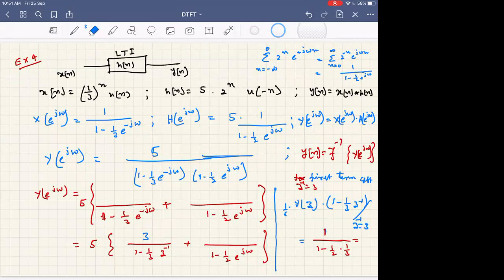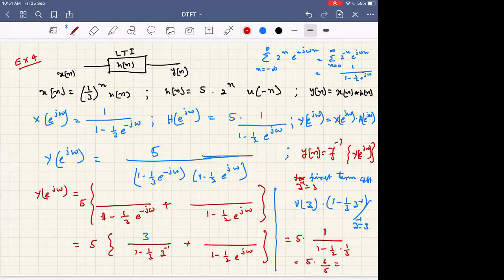So 5 into, I will write just for simplicity, 5 into 6 by 5.